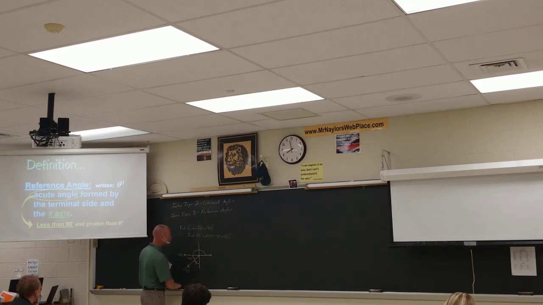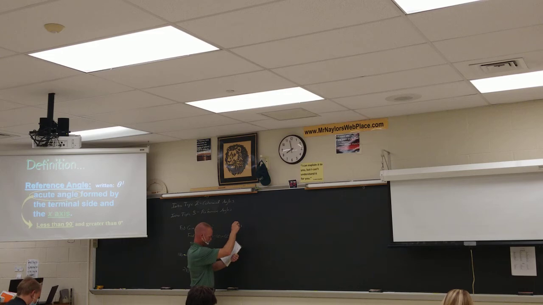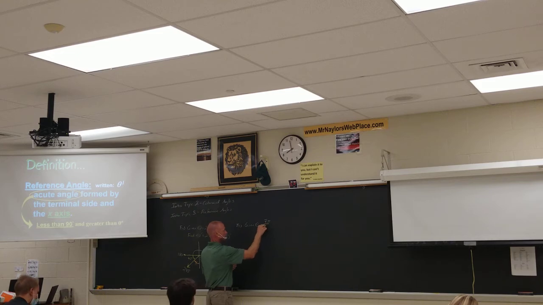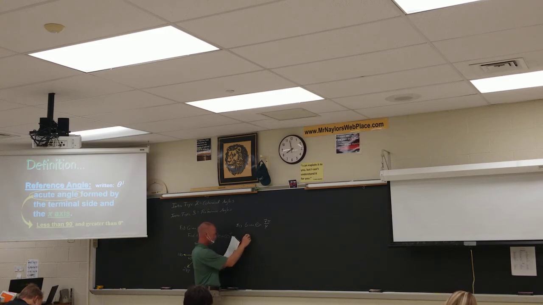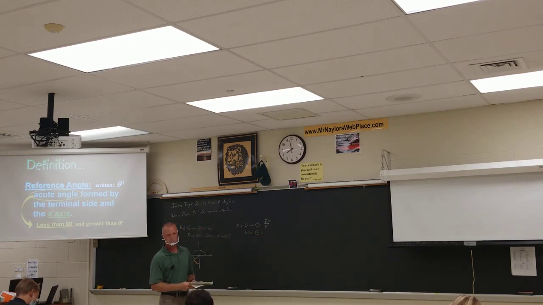Okay. How about seven pi over 4? Theta equals 7 pi over 4. And we want to find theta prime.